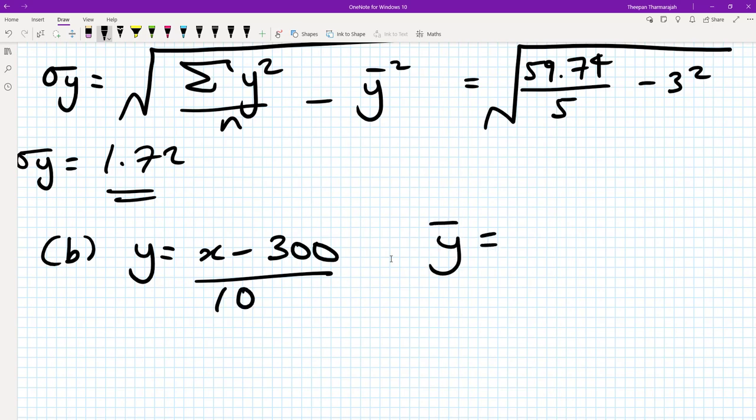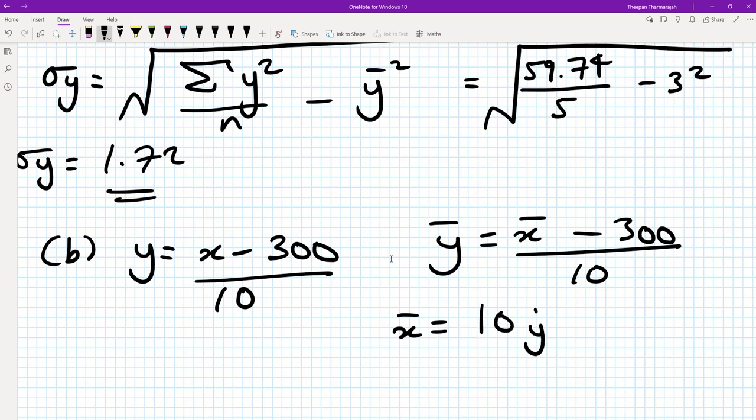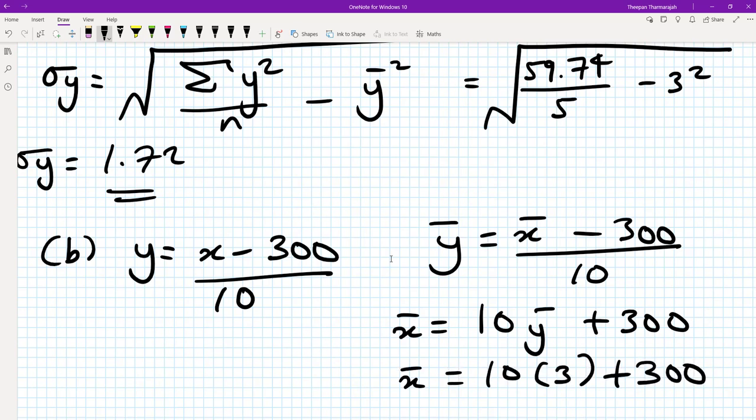So we get y bar is x bar minus 300 over 10. So we get x bar is 10 times y bar plus 300. So in our case, we're just going to get 10 times 3 plus 300. So the answer is x bar is going to be 330.